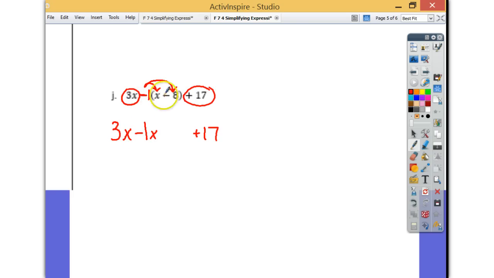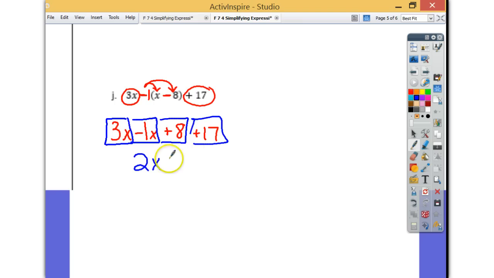A negative 1 times a negative 8, positive 8. Simplify from there. I've got a positive 3x minus 1x gives me 2x, and a positive 8 and a positive 17 gives me a positive 25. Final simplification.